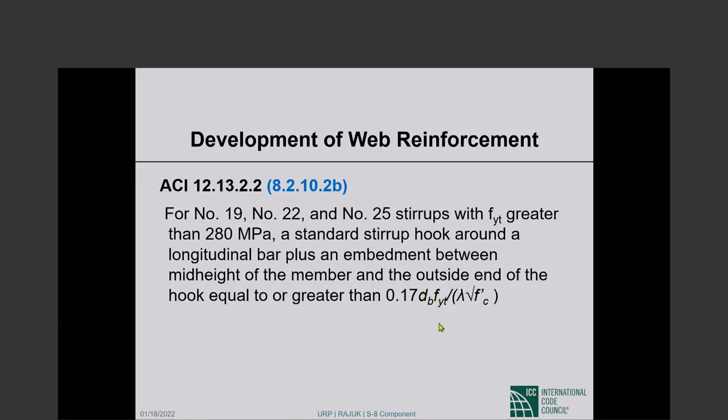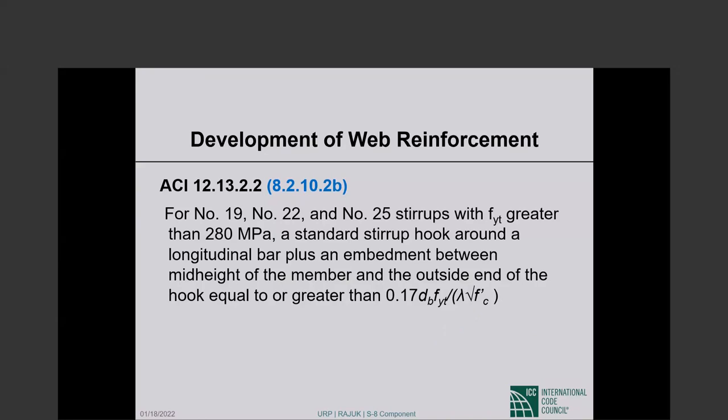Decreasing f sub yt does not make a lot of sense, and increasing concrete strength will probably also not make a lot of sense. But normally you wouldn't have that problem. So just try to get an idea. That's all we do now. So for the larger bars that are not grade 40, these are large size stirrups, number 19, 22, 25.